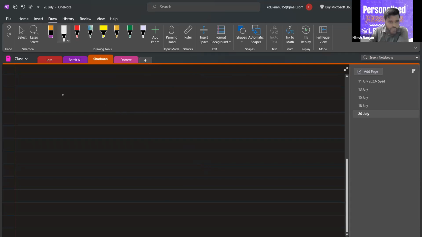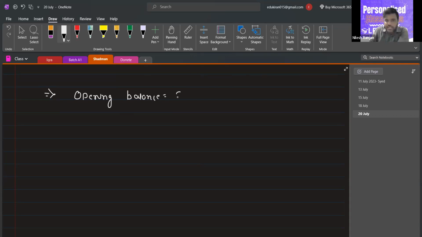Okay. Now let's take a situation here. Actually, I'm taking a situation where there is some change in capital. Let's say the opening balance of capital is given. Opening balance of capital, it is 2 lakh, from 1st April. And additional capital introduced is, let's say, 50,000.